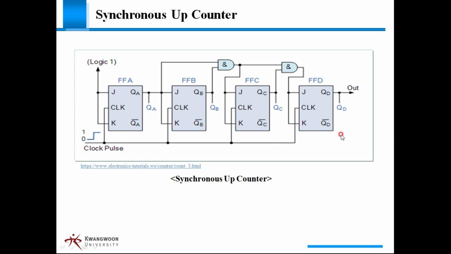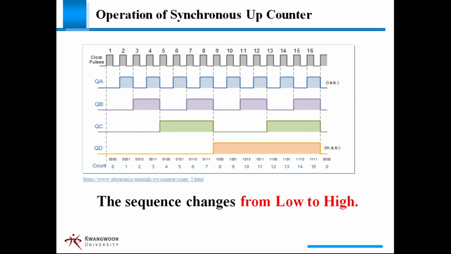So the total result is 0011. It changes from 0001 to 0011 in the second step. So we can see that this operates like this. The sequence changes from low to high.